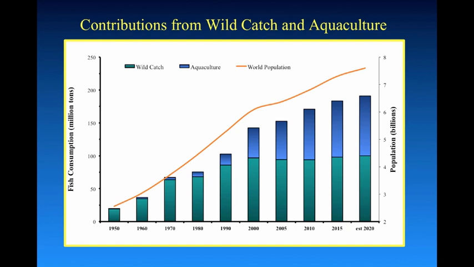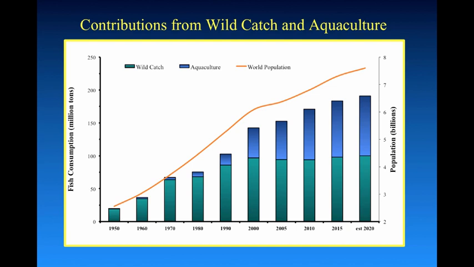There is some distinction people make between aquaculture product going into the food market versus fish products that go into the animal feeds market. So about a third or so of the wild catch goes into fish meal. So when you subtract that off, then the aquaculture component is actually more than 50% of the wild catch component.